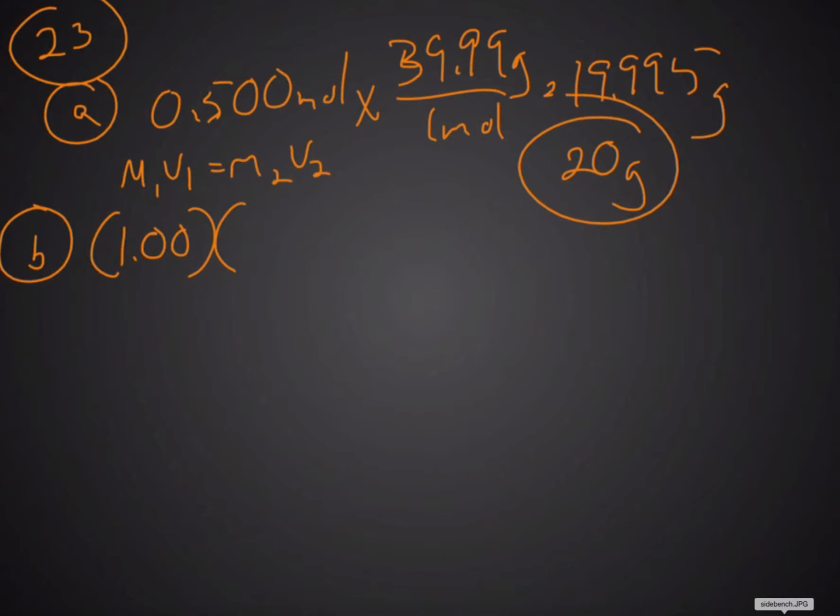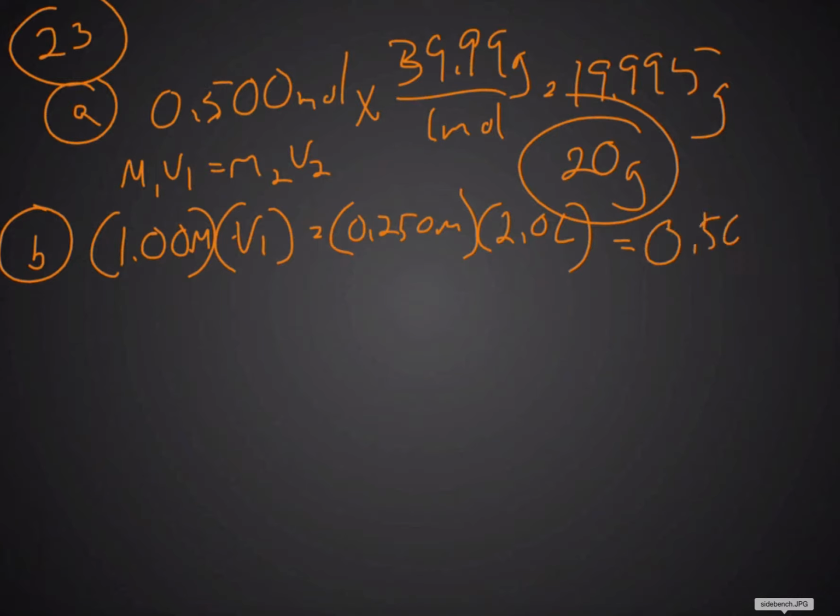What we don't know is what volume we need to start with if the starting concentration is 1 in order to get a final concentration of 0.250 molar, and if we want 2.0 liters of that. When you do that out, you find that V1 is 0.500 liters.